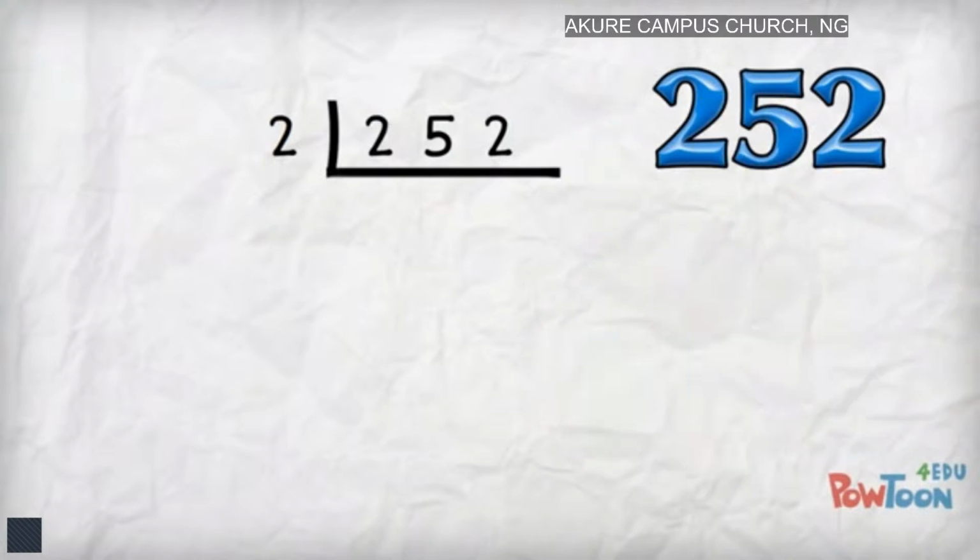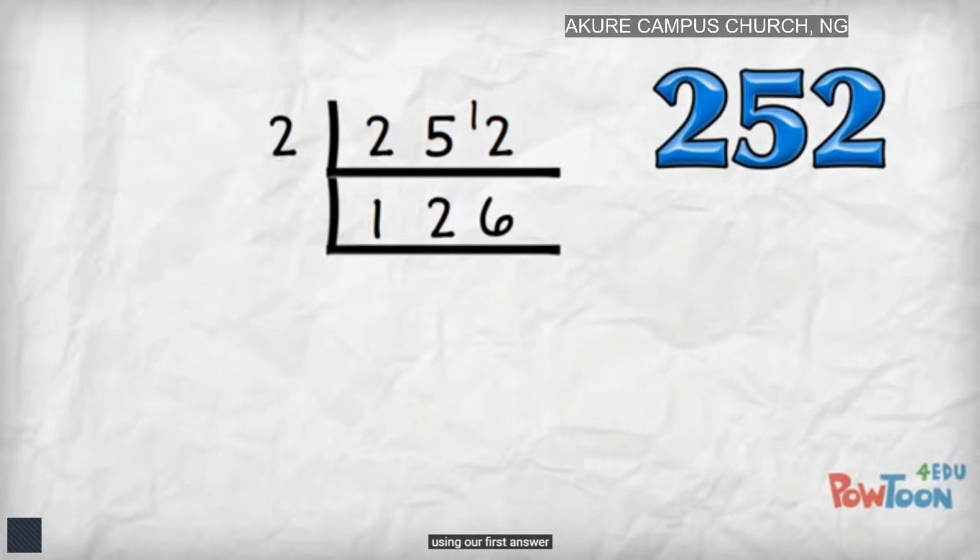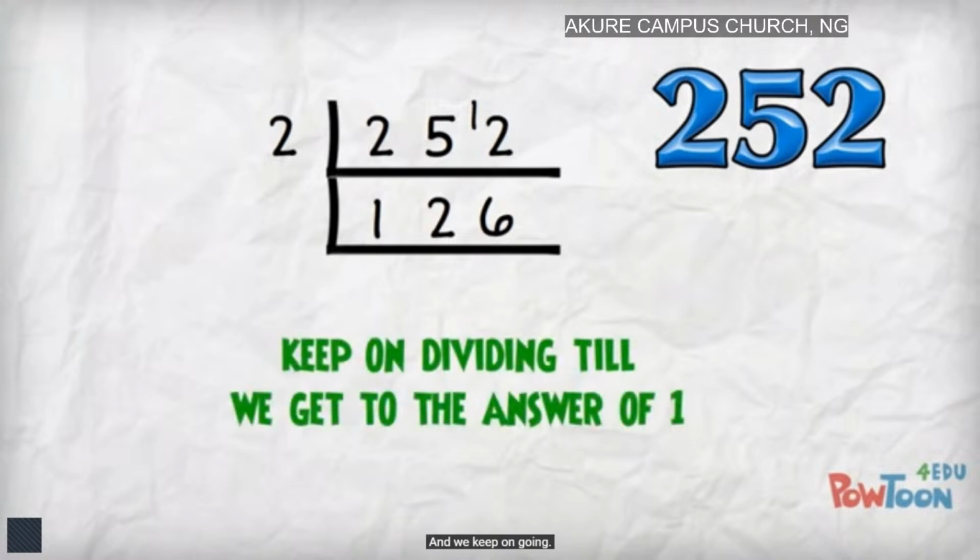Great. 2's into 2, 1. 2's into 5, 2 2's are 4 with a remainder of 1. 2's into 12, 6 2's are 12. And now we set out a new division problem using our first answer of 126. And we keep on going, dividing by suitable prime numbers until we get to the answer of 1.